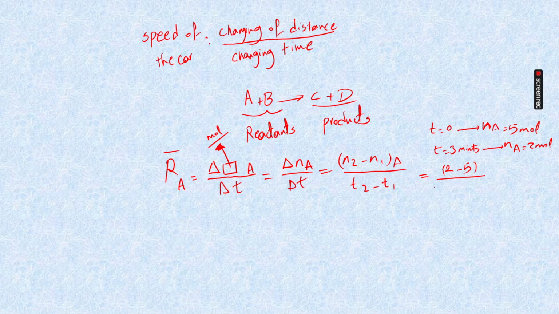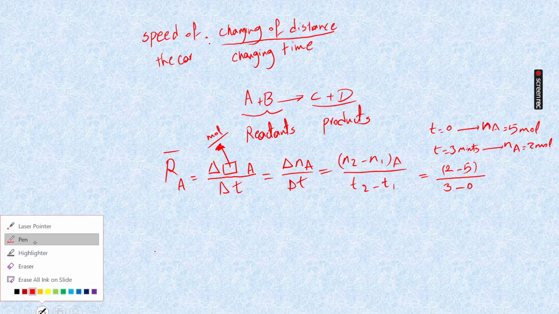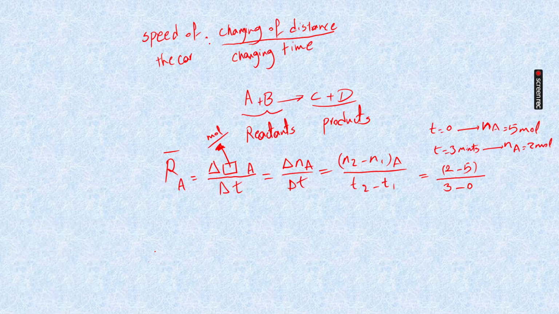And T2 minus T1 should be time, T2 is 3 minus 0. It should be 3. It should be positive. For A, the time should be positive. But 2 minus 5 is minus 3.